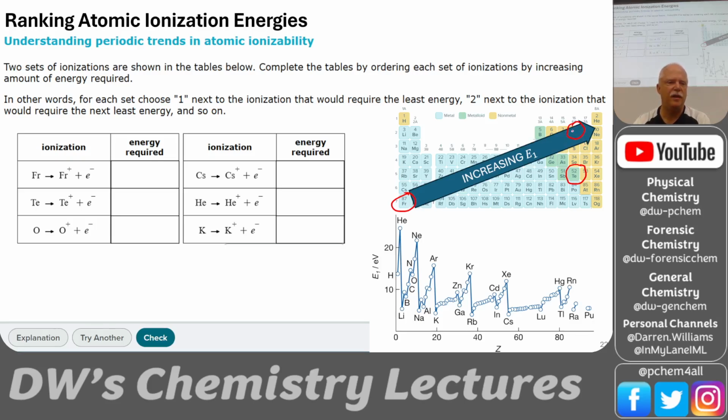So this is telling me that you want 1 next to the least energy and up to 3 next to the highest energy. So the oxygen would be the third one, that'd be 3. And then tellurium is way far to the right of francium, so francium would be 1 and tellurium would be 2. Does everybody agree with that ranking looking at the diagram? So the hardest to ionize would be oxygen, the easiest to ionize would be francium, and then tellurium would be in between.